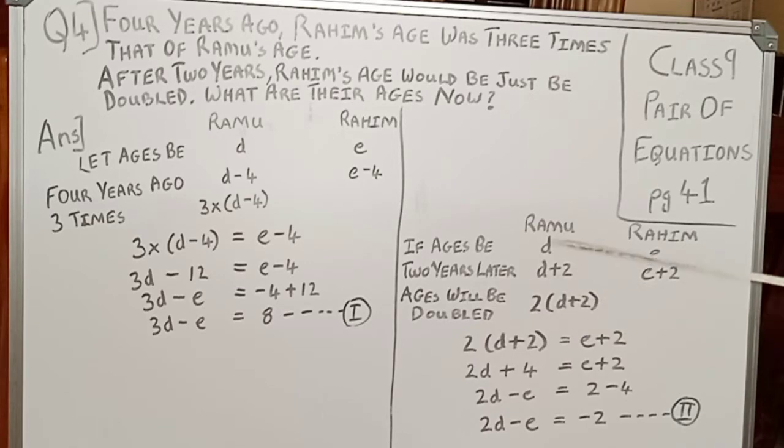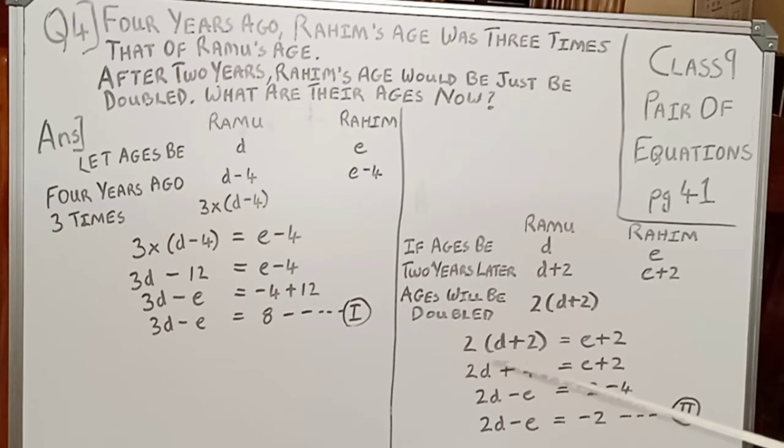Ramu's age would be doubled, that means 2 into bracket open D plus 2. So this is how we got this equation. The same thing, 2 into D plus 2 equal to E plus 2.